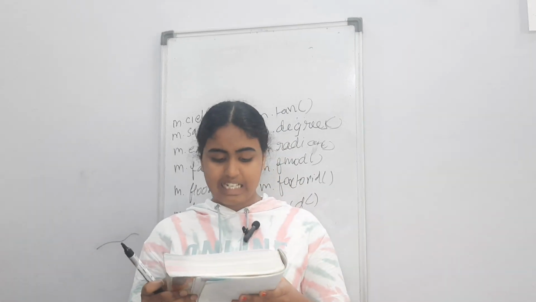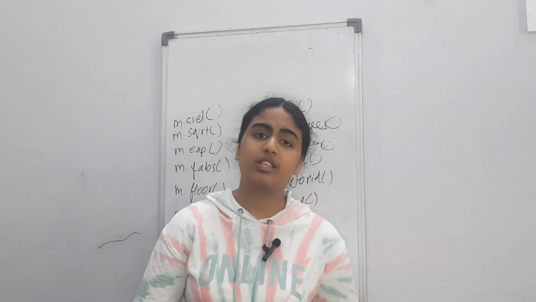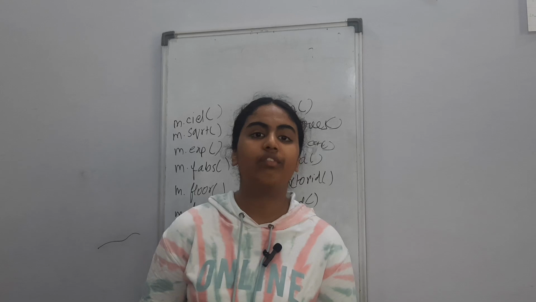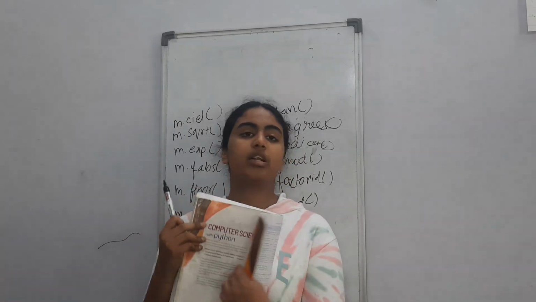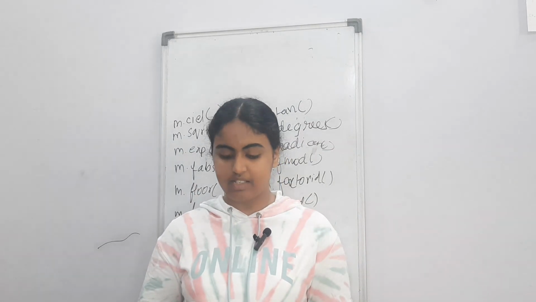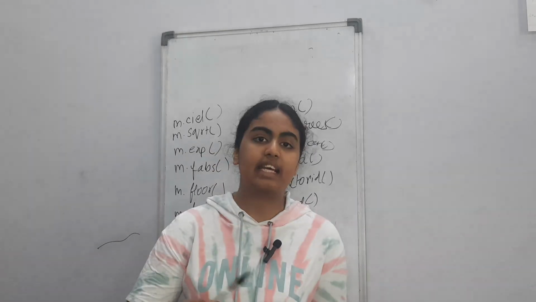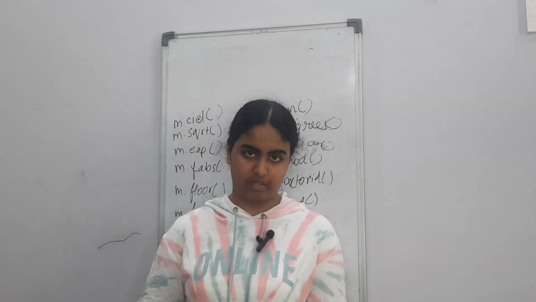Okay. Then sin, cos, tan give us the sine value, the cos value, and the tan value of any argument that we have passed. Similarly, degrees converts an angle from radians to degrees, and radians does the opposite, which is it converts degree values to radians.